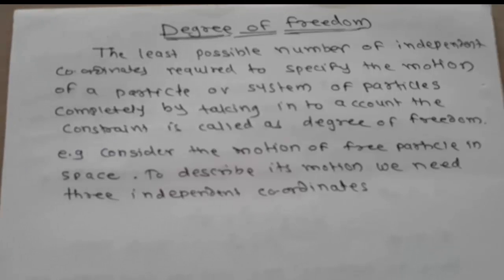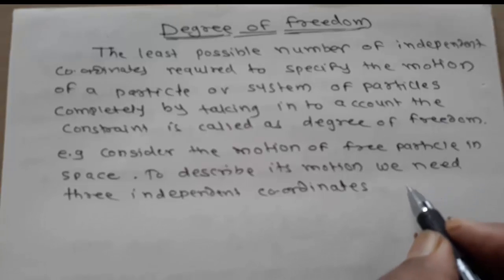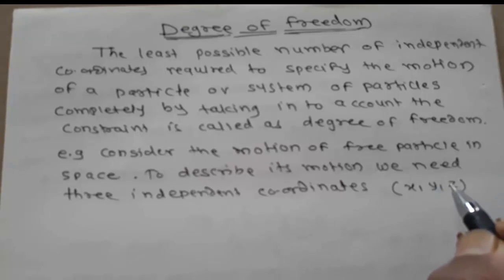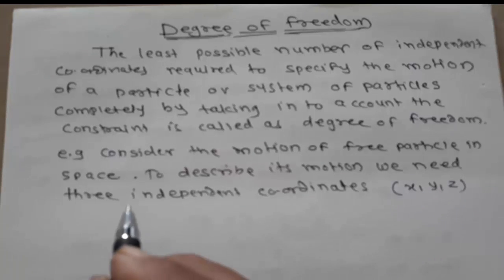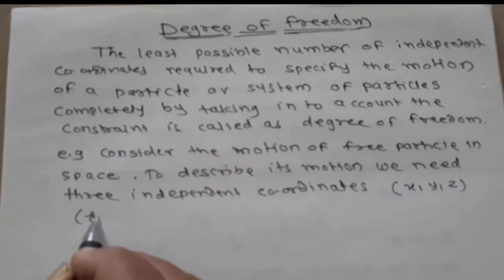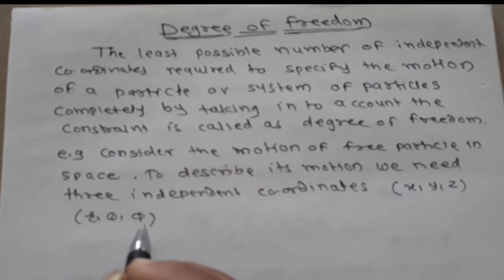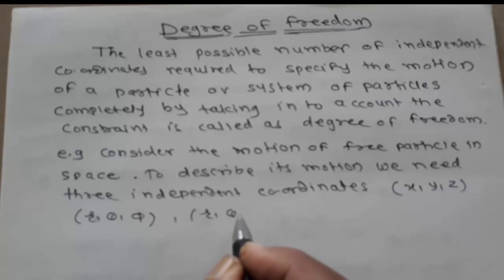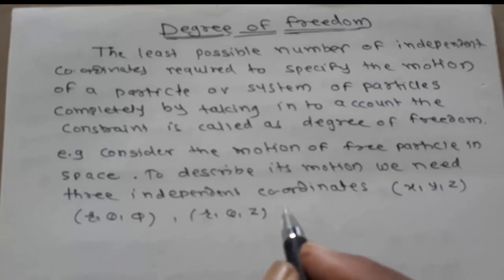To describe the motion of a particle moving freely in space, we need three independent coordinates like x, y, z, that is the Cartesian coordinates, or r, theta, phi, that is the spherical polar coordinates, or r, theta, z, that is the cylindrical polar coordinates, etc.